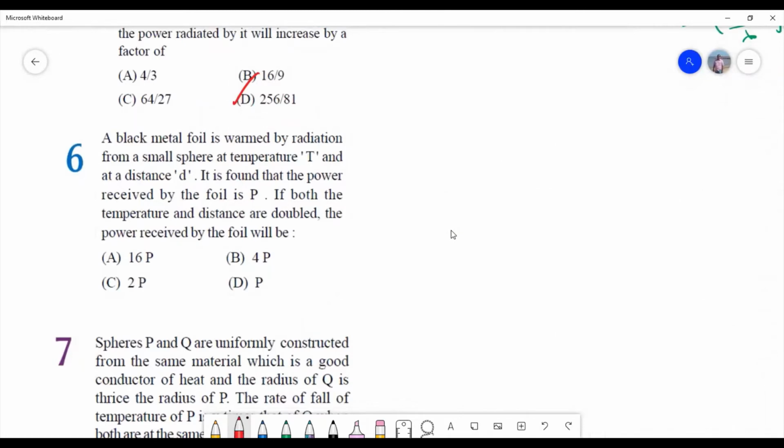Here a black metal foil is warmed by radiation from a small sphere of temperature T and at a distance D. It is found that the power received by the foil is P. If both the temperature and distance are doubled, the power received by the foil will be? So here we know that when we have a source and this is the energy received or the power received, this power received is inversely proportional to the square of the distance.